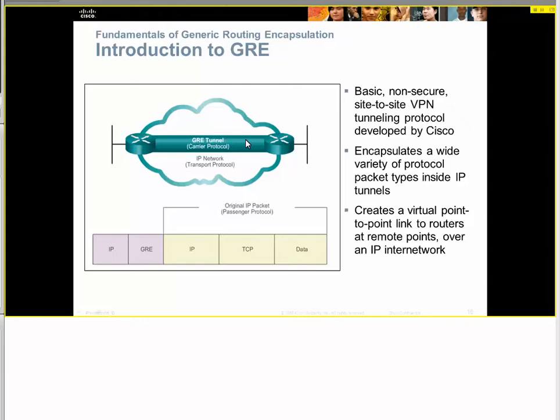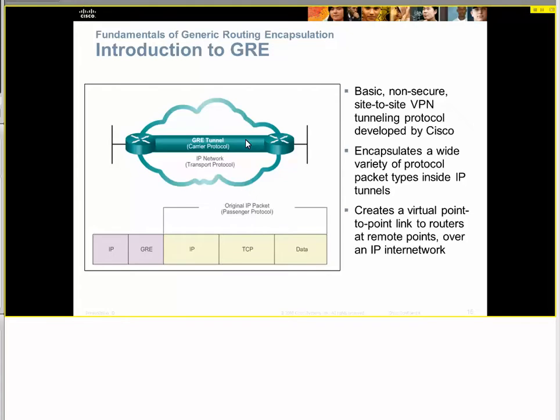This public network can still carry traffic, but the two ends can be treated as though they were on the same network. So a host, let's say in LA, can talk to a server in Cleveland, and we don't have to worry about NAT.